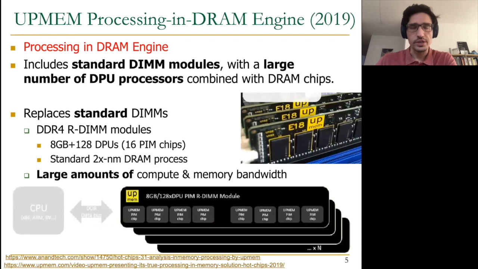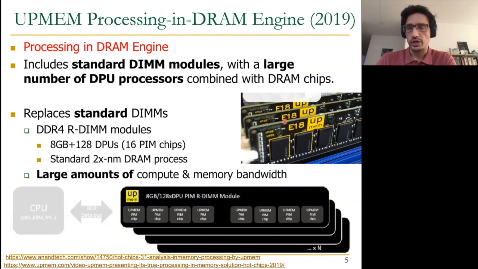You all have seen this slide before because Professor Mutlu showed it in the computation in memory lectures. Here on the right-hand side, you can see a picture of some UPMEM DIMMs.